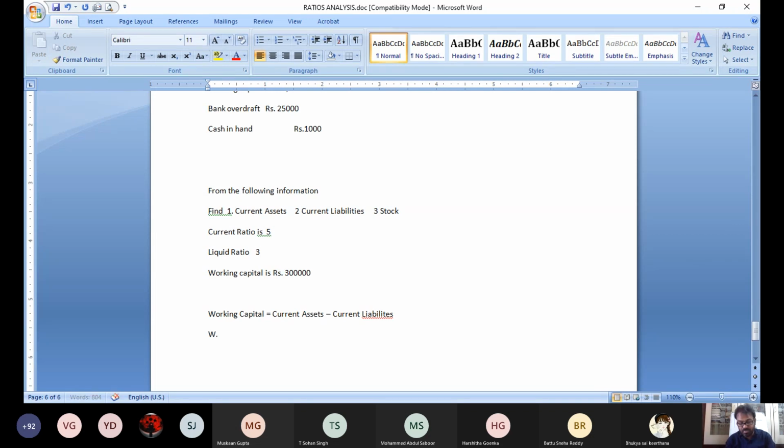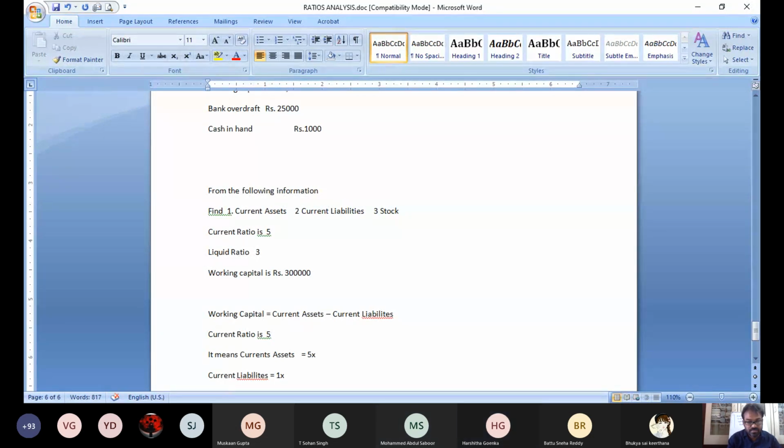Here the current ratio is given, that is 5, which means current assets equal 5x and current liabilities equal 1x. Is it correct or wrong if I write like this? Correct, sir.